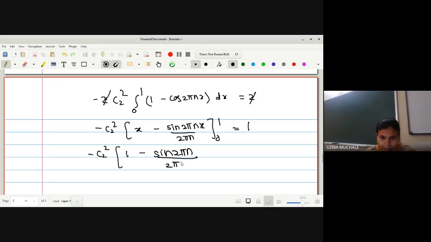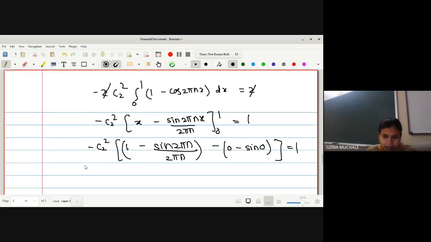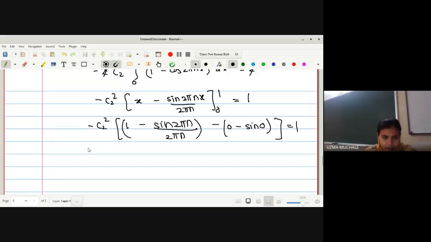Upper limit we are going to put 1, minus, let us put the lower limit 0, minus sine of 2 pi n into 0, that will be nothing but 0. Sine 0 divided by 2 pi n is 0, obviously the zeros. Minus C2 squared. Now can you tell me what is the value of sine of 2 pi n?